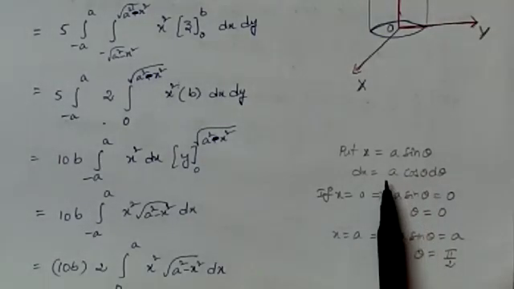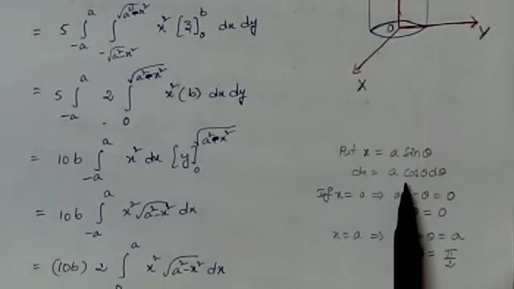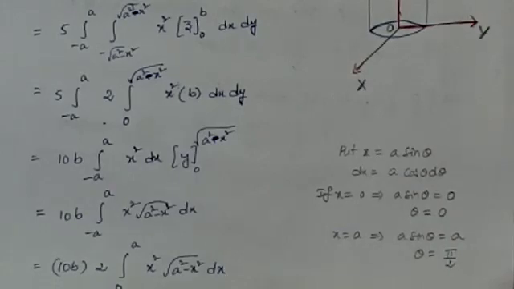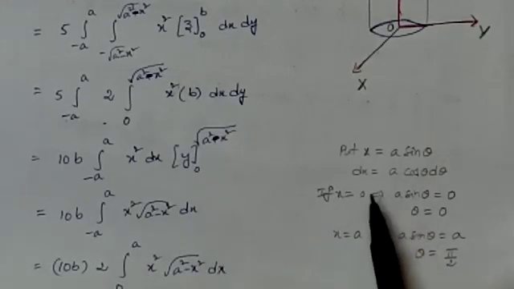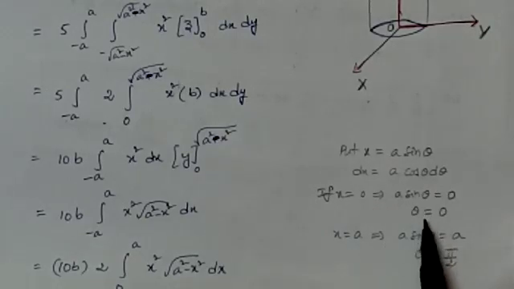Whenever you are changing x in terms of sine and cos, you have to replace the limits also with the theta limits. So here the limits are from x is equal to 0 to a. So you are converting the x limits 0 to a into theta is equal to 0 to theta is equal to pi by 2.